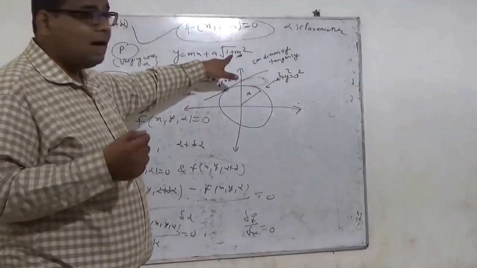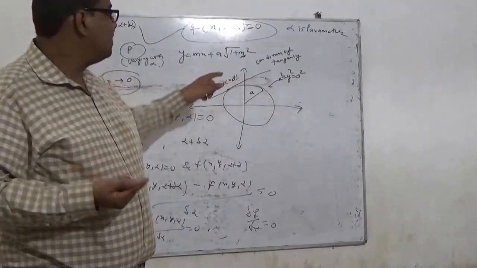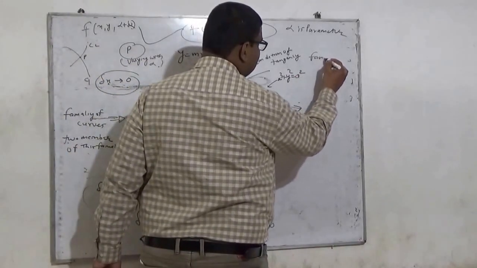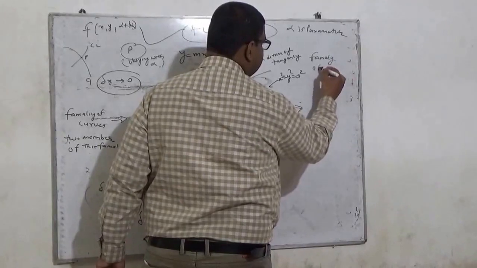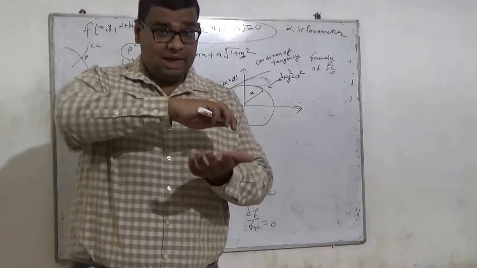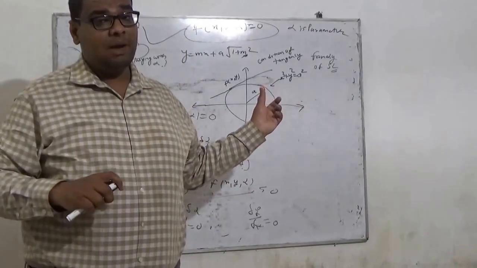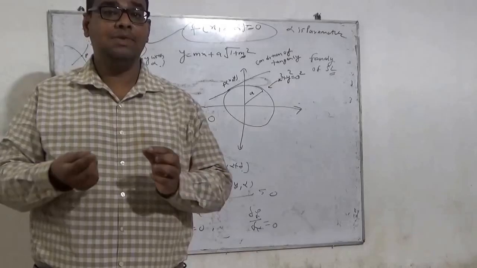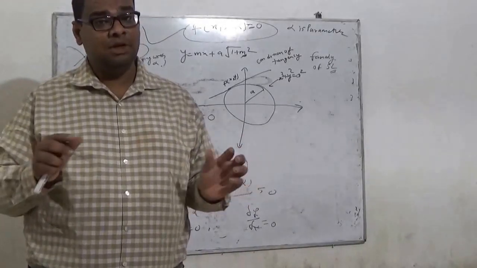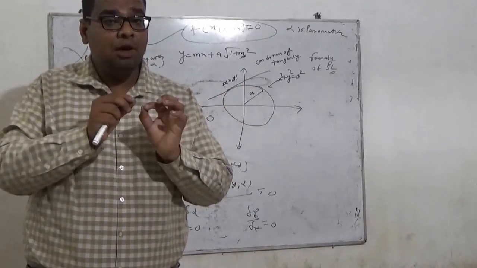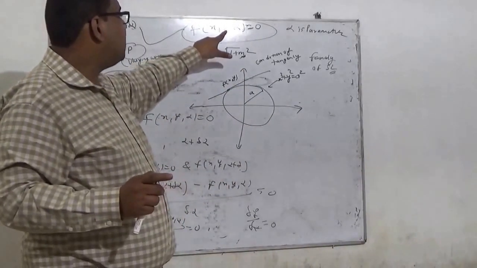Here, if I put different values of m, I will get a family of straight lines. In the case of the circle I have achieved a family of straight lines for the condition of tangency. For the ellipse, hyperbola and other curves like the parabola, I will achieve a similar family of curves.